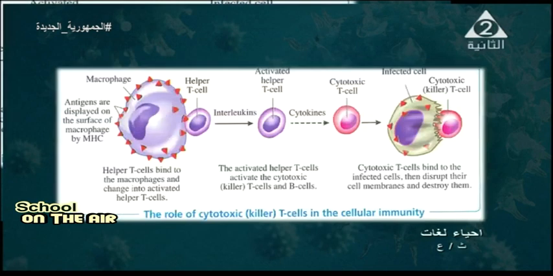Also, this figure shows the role of cytotoxic or killer T cells in cellular immunity. Imagine what happens inside your body, inside the blood, where antigens are displayed on the surface of the macrophage by MHC.